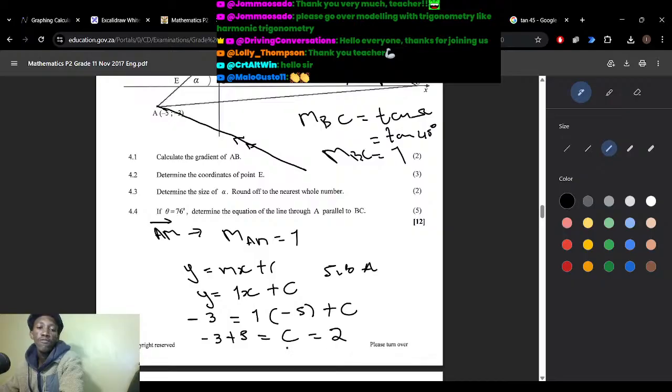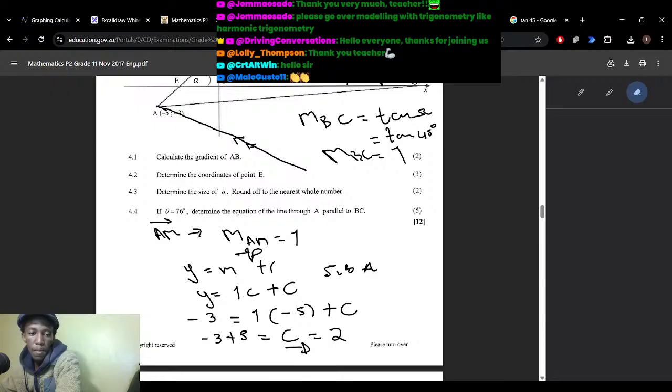So now we have solved for c, and I think we have all our necessary information to write down the final equation. Let's just rub all of this off.